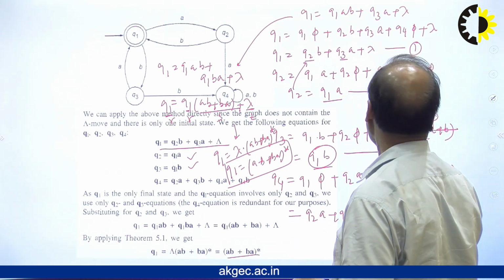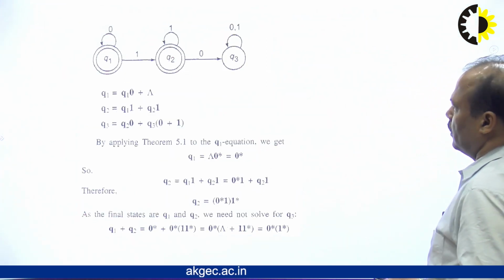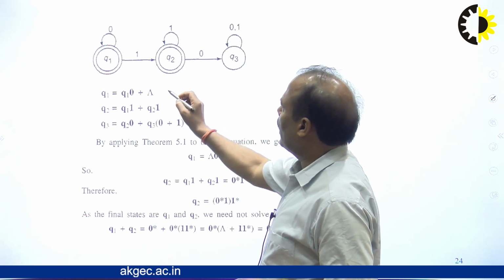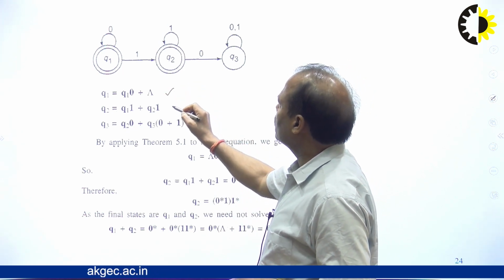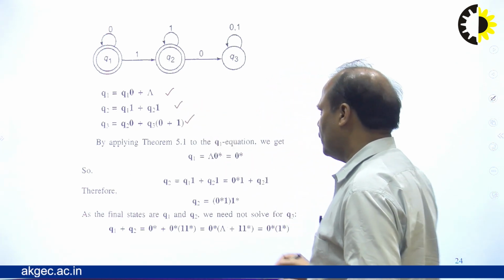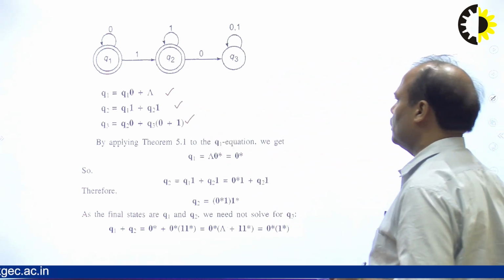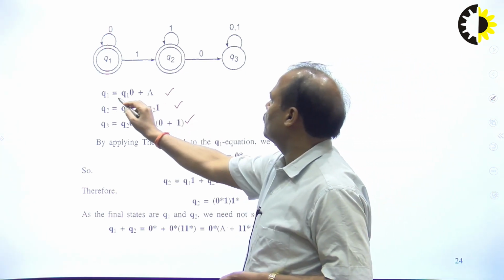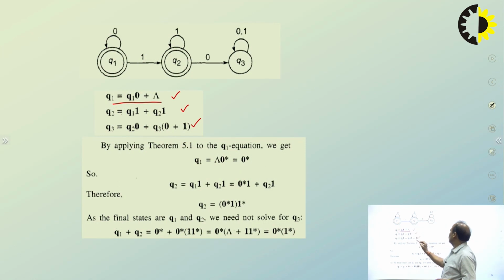So this is another example you can see here. Same thing, I am writing Q1 and then Q2. You have 3 states, Q1, Q2 and Q3. By the same method, you can write the equations for Q1, Q2, Q3. Then you can see that Arden's theorem can directly be applied here. So Q1 will be 0 star.